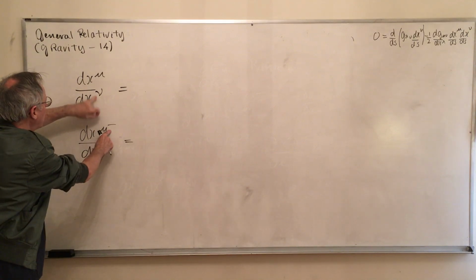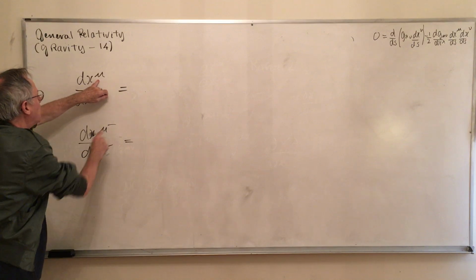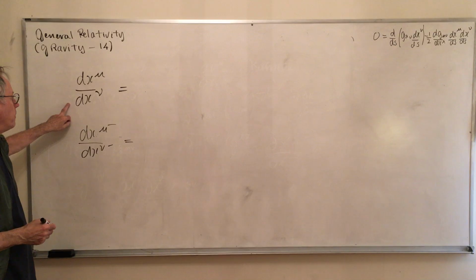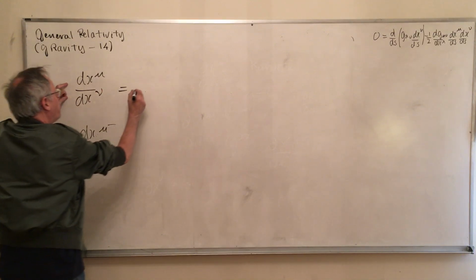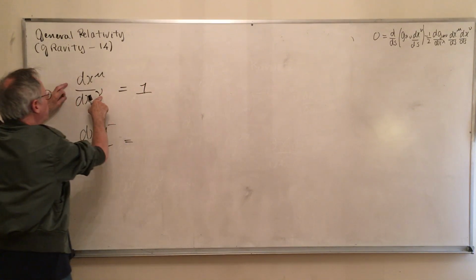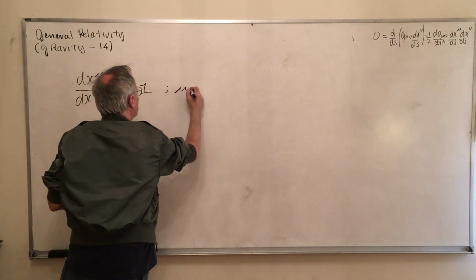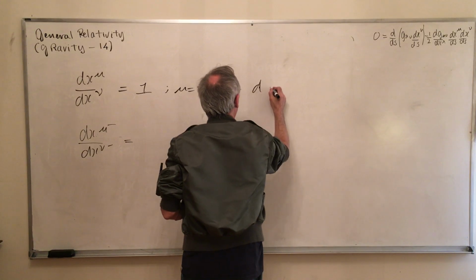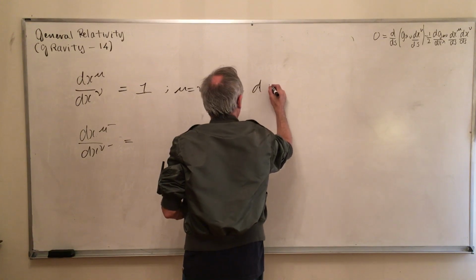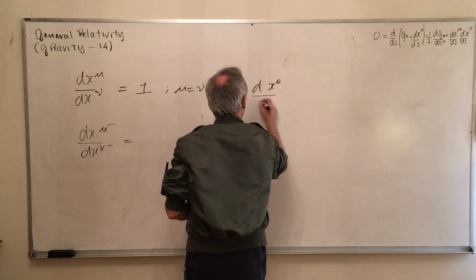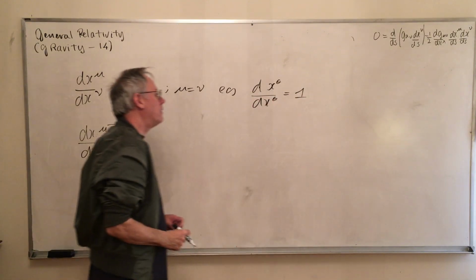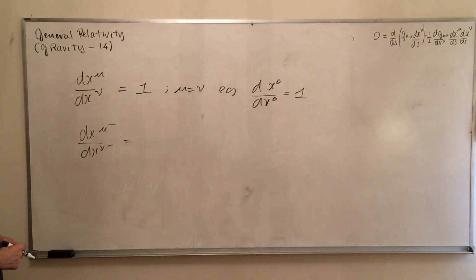So if there are no x mu's in here when I take a derivative, this result is 0. So we'll say that this result is 1 when mu equals nu. Just take a derivative of a function with respect to itself, and it's just 1.